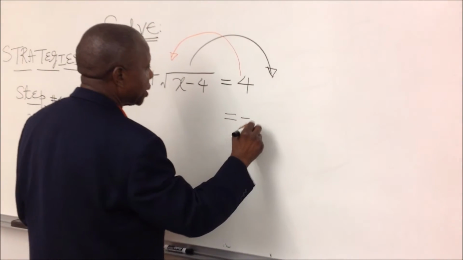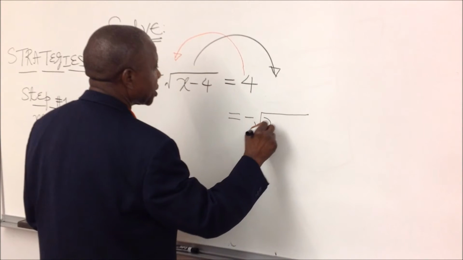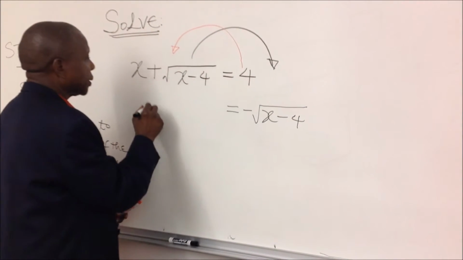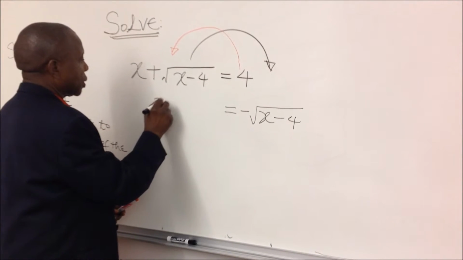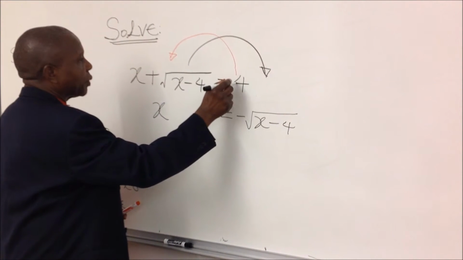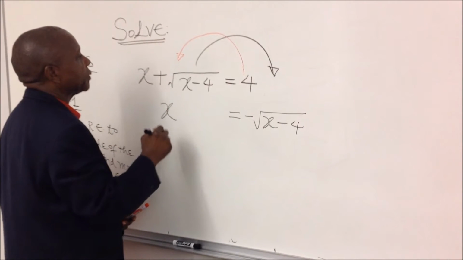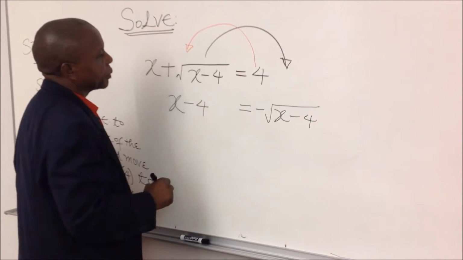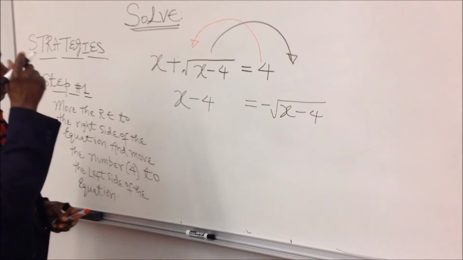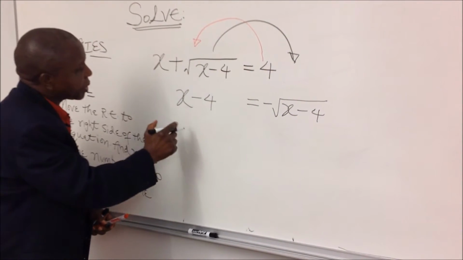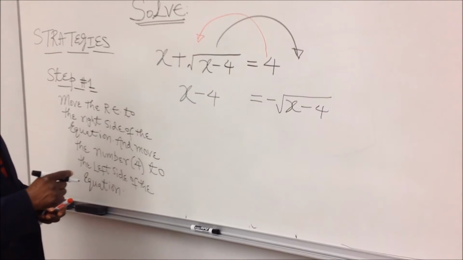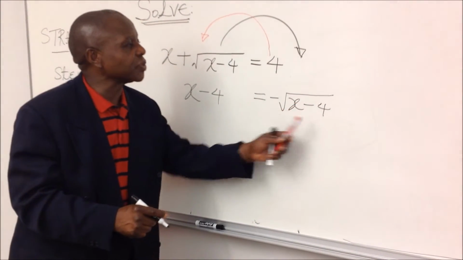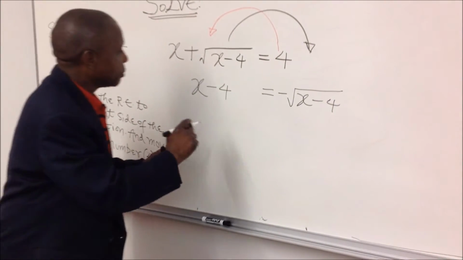So we're going to obtain negative square root of x minus 4, and then we're going to move the 4 to the left side of the equation and obtain a negative 4. So therefore we must now tackle the problem x minus 4 equals negative square root of x minus 4 at this particular point.